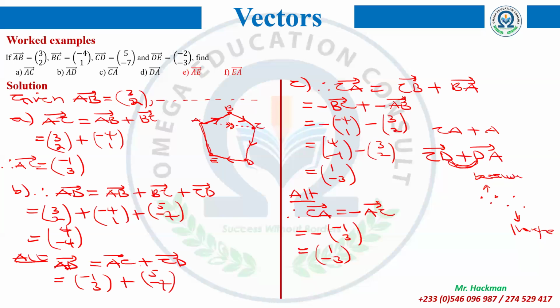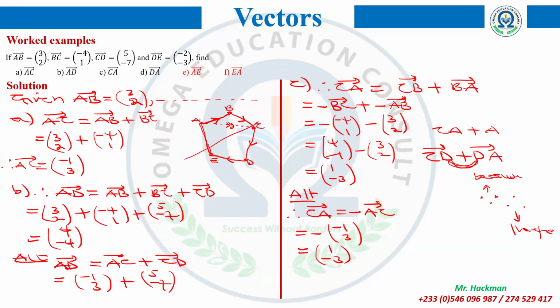You get my point? I will advise you to always plot and draw the diagram. If it happens to be your rough work, when you are done, you strike it out, but do so in such a way that it will still be readable. So take note of that.